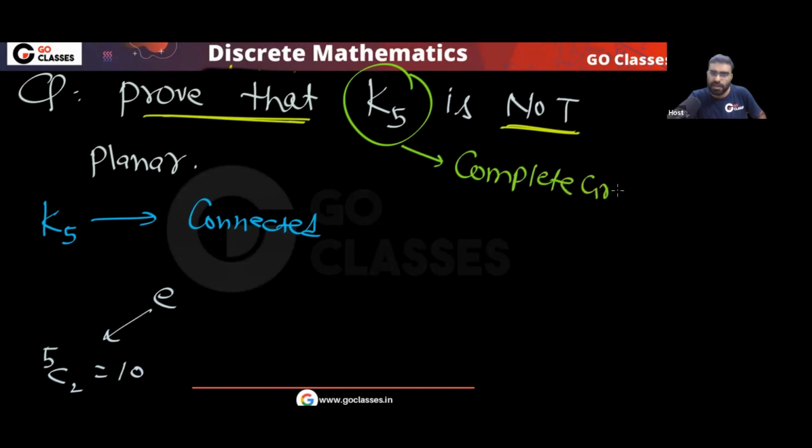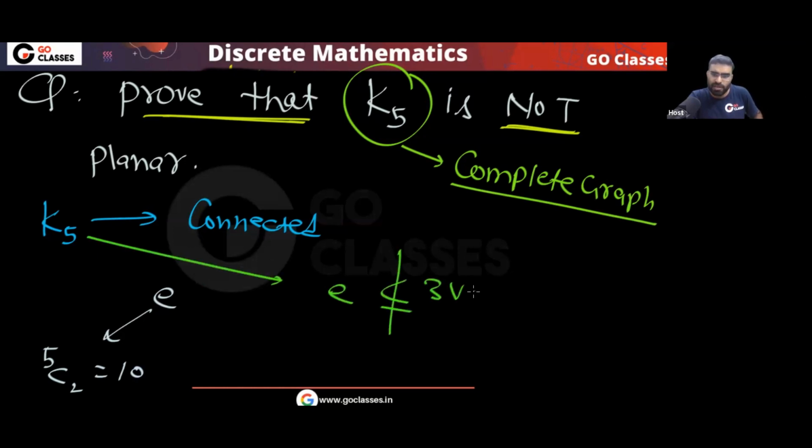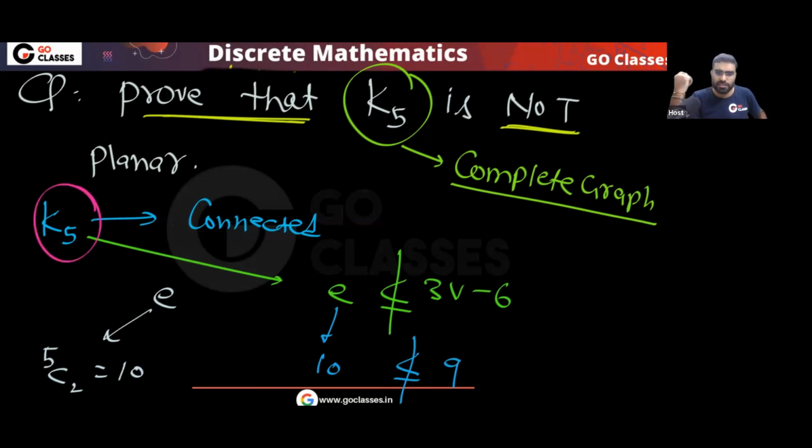And the number of vertices is 5. So in K5, E is not less than or equal to 3v minus 6. Agree or not? E is 10, which is not less than or equal to 9. So you can see this K5 does not satisfy this equation.